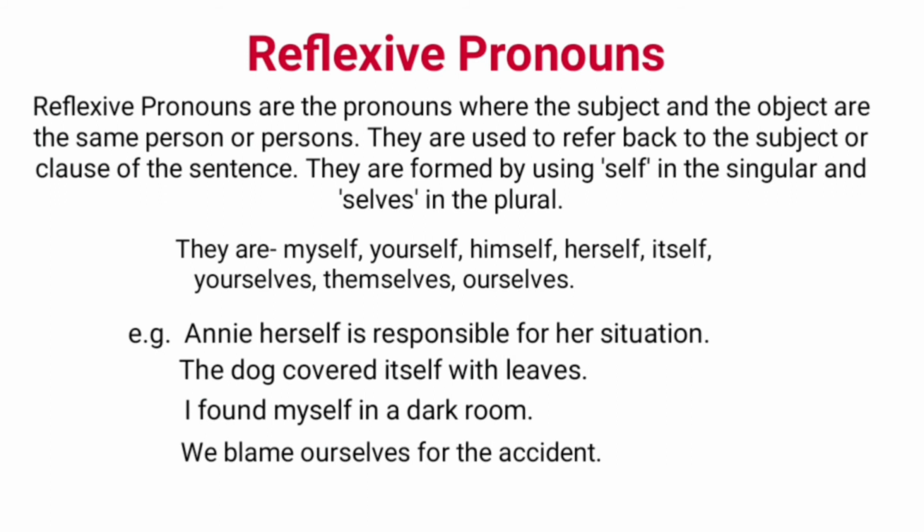I found myself in a dark room. Here, I and myself are the same person and myself refers back to I, which is the subject. We blame ourselves for the accident. Here again, ourselves refers back to we.